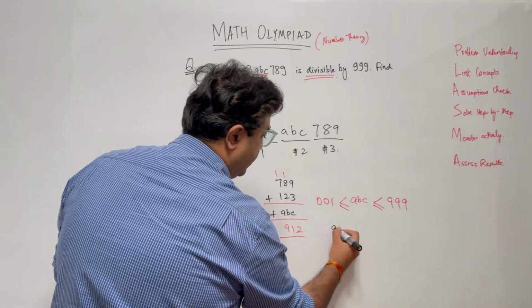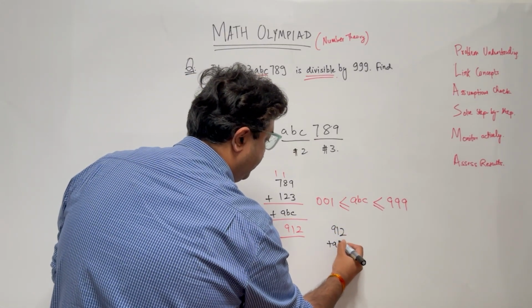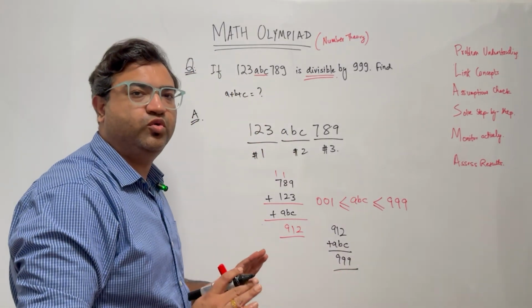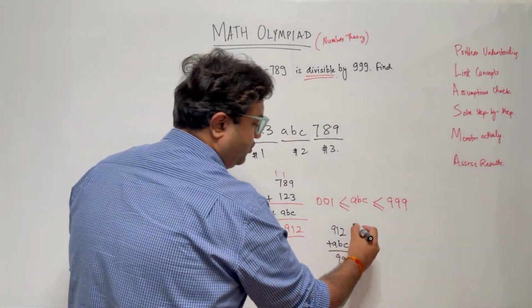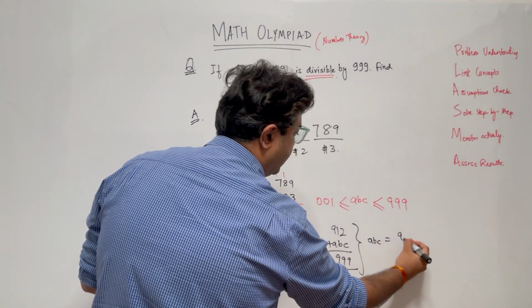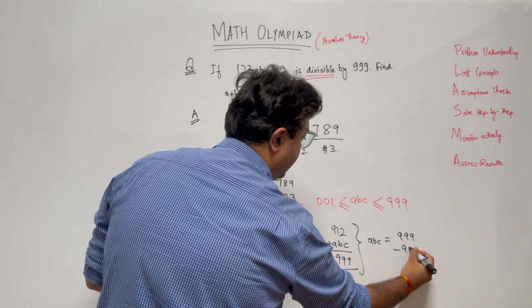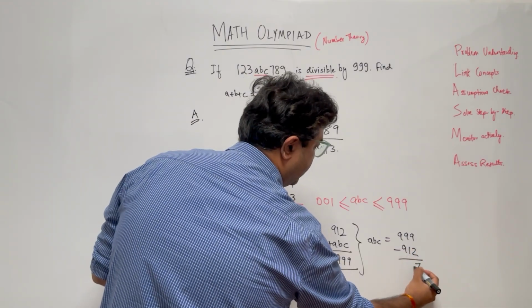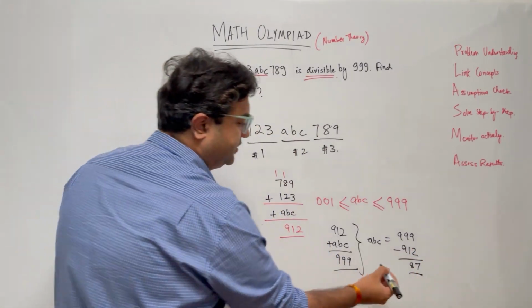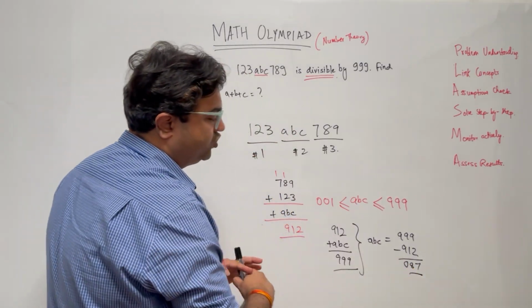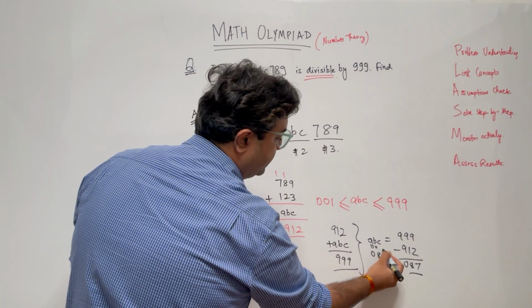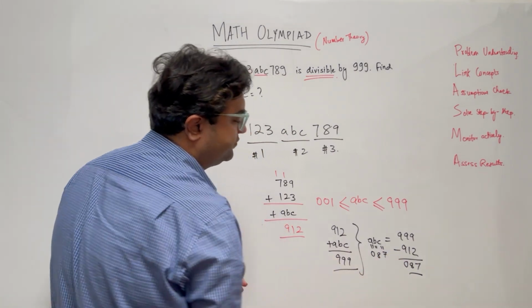So 912 plus ABC can only be 999. This is the only solution. So this gives that ABC will be 999 minus 912, which is 87. And then this will be 0. So this means that this is 0, this is 8, and this is 7.